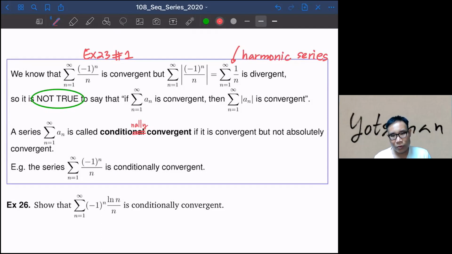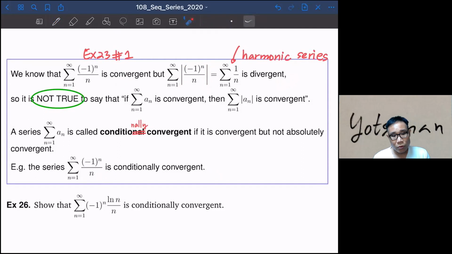So it's convergent, but it's not absolutely convergent. For example, you have the series (-1)^n over n. Itself it is convergent. When you put absolute value, it turns out to be divergent. So a series of this kind is called conditionally convergent.